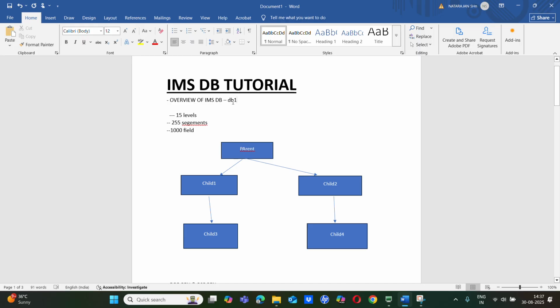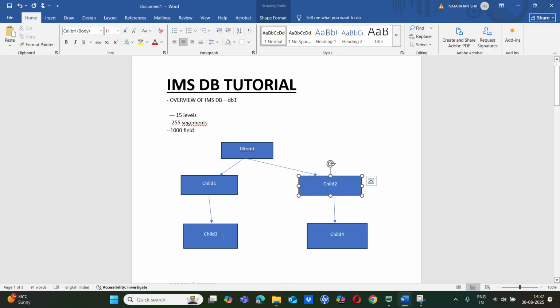An IMS database can have 15 levels, 255 segments in total, and 100 fields. So what is a level? Basically, the parent is called level 1, and its next two children, child 1 and child 2, are called level 2.